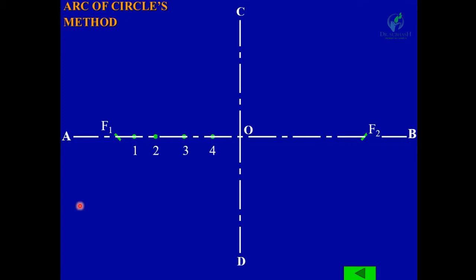Now we have to draw the arcs. First, with center F1 and radius equal to A1, draw one arc. Similarly, draw an arc on the other side of AB with the same radius A1.